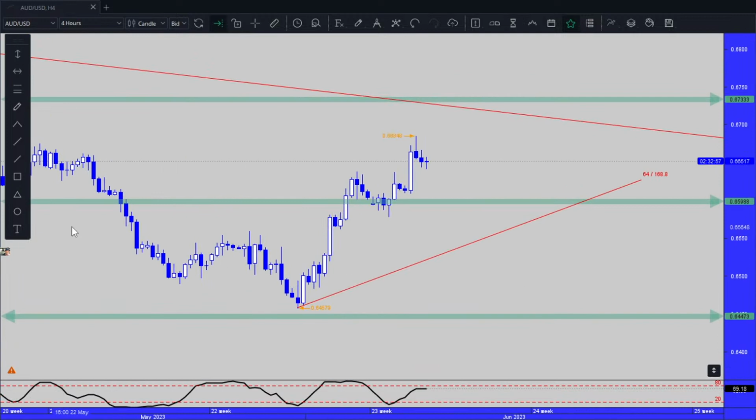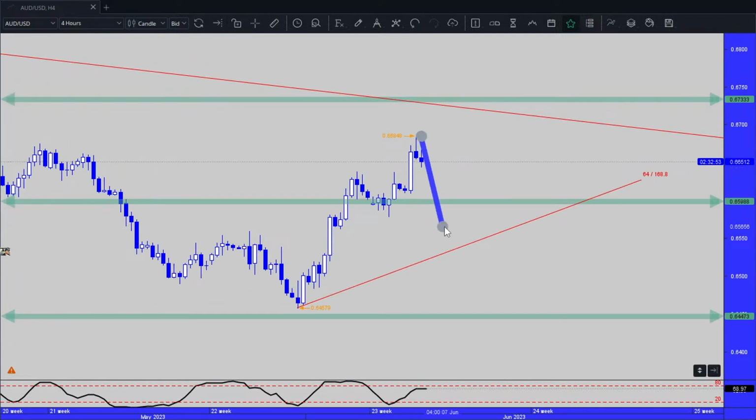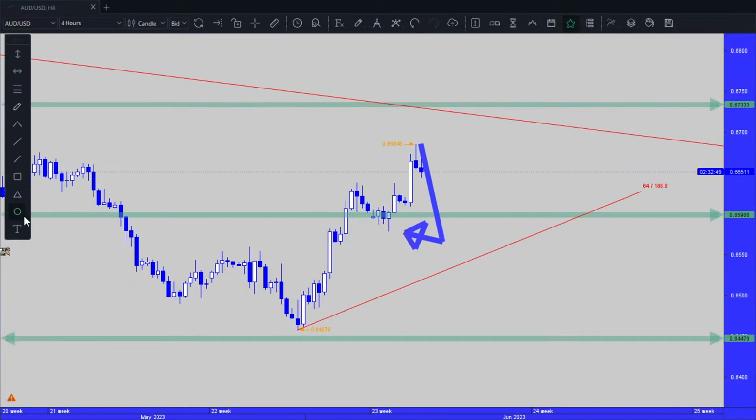And here is the question. If the market makes a lower low, would this be an okay entry or would this be a premature entry based on the rules that I just gave you?